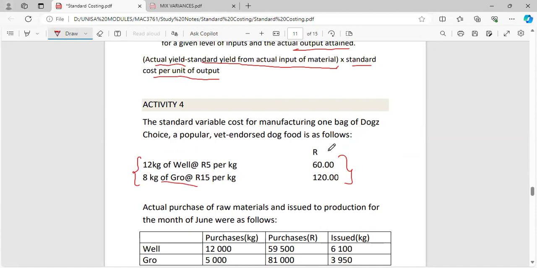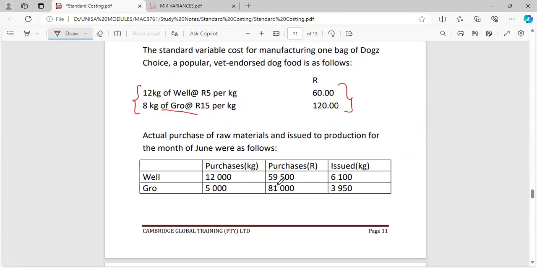Then we now have the actual purchase of raw materials and issued to production for the month of June, as follows. So this is the standard. The standard says 12 kg of oil and 8 kg of grow at 15 Rand.